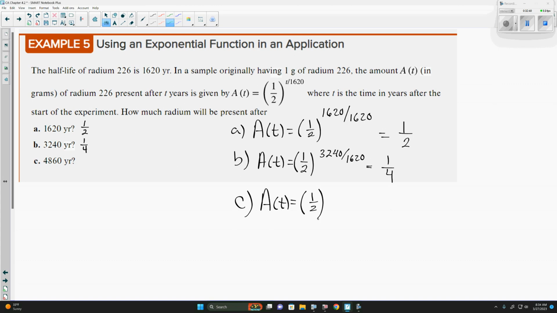And lastly, we have 4860 divided by 1620. And again, we can plug this into the calculator, and we're going to get 1/8.